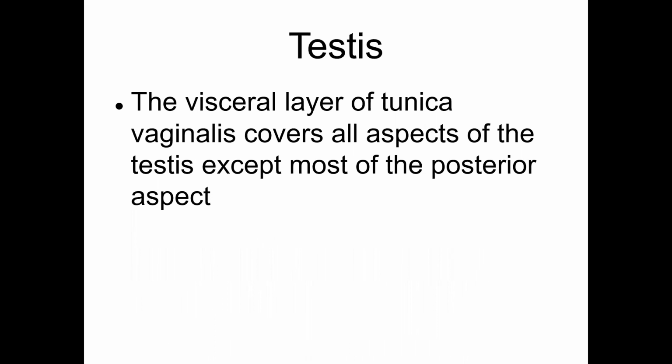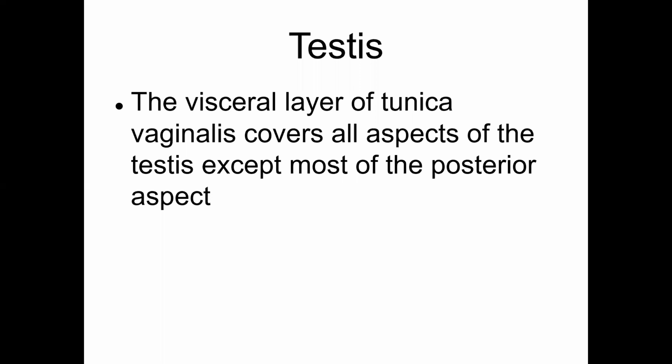The visceral layer of tunica vaginalis covers all aspects of the testis except the most posterior aspect. So testis can be thought of as having invaginated into the tunica vaginalis from the posterior aspect.